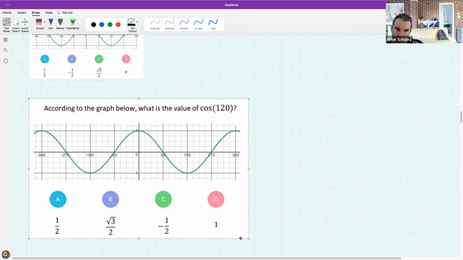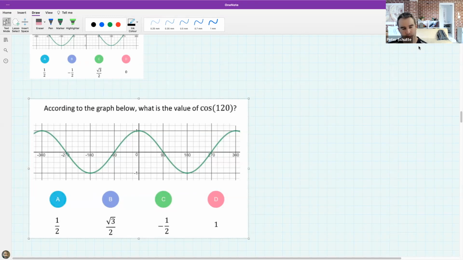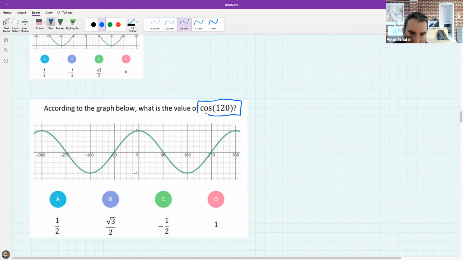Now, how would you figure out what that is according to the graph? The 120 would be somewhere, okay, this is 90, so let's say it's going to be somewhere like around here.